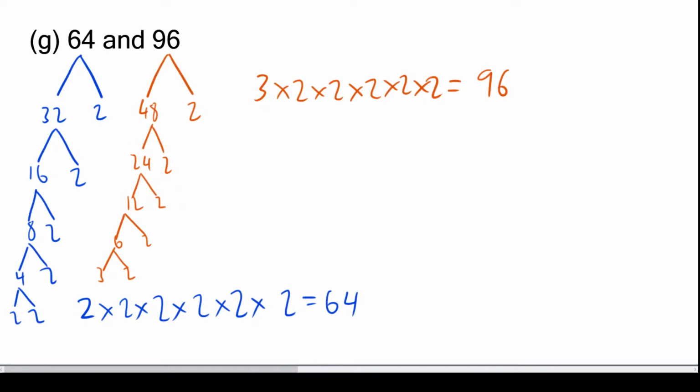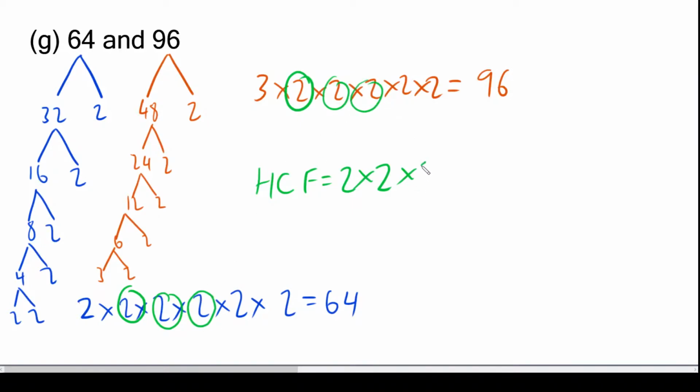Then we find what's the same. So what's the same here? We've got a 2 and a 2. So the highest common factor equals 2 times another 2 and another 2, times another 2 and another 2, times another 2 and another 2.